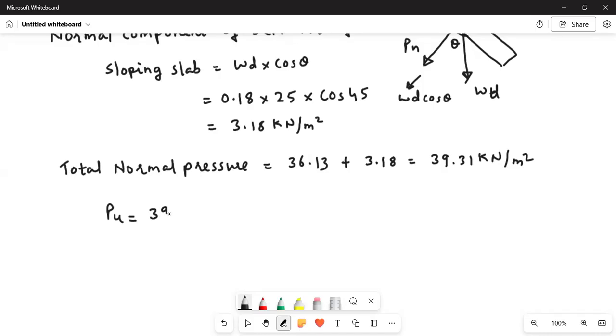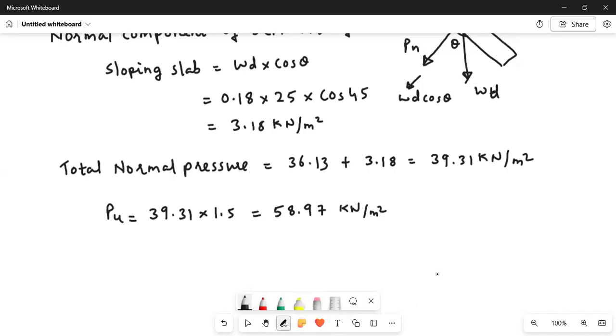Total normal pressure is 39.31 into 1.5, so the factored load you are getting is 58.97 kilonewton per meter square.